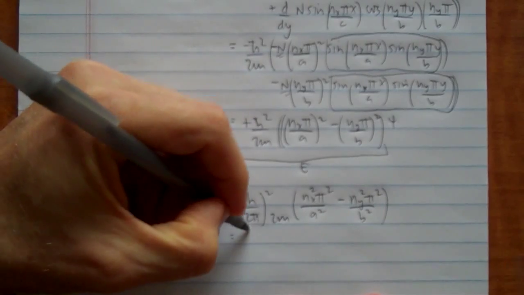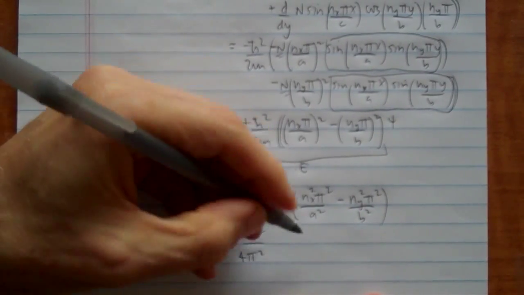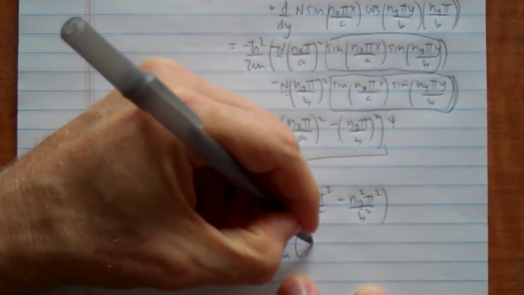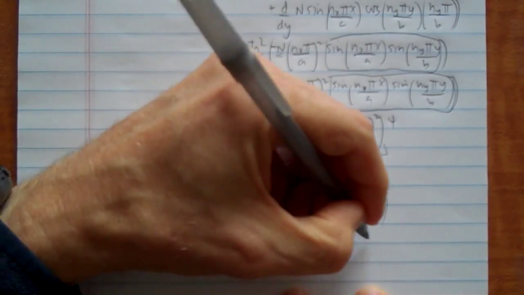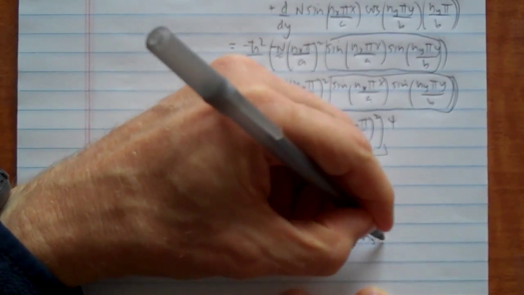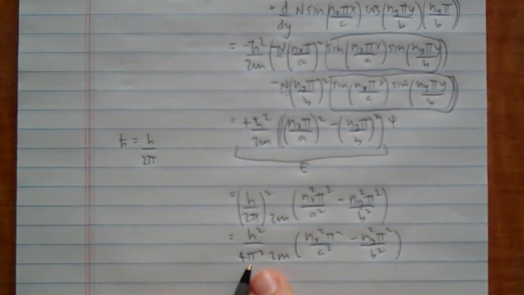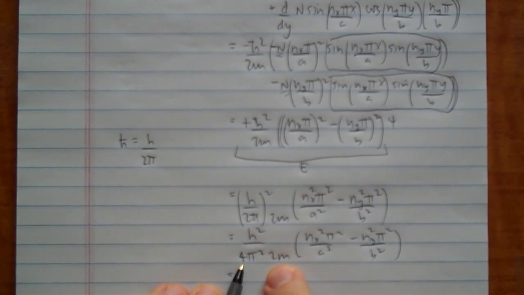I know, I'm going the long way. h squared over 4 pi squared 2m, nx squared pi squared over a squared minus ny squared pi squared over b squared. Okay, it looks like my pi squared terms can cancel. I can combine those, that 4 and that 2.